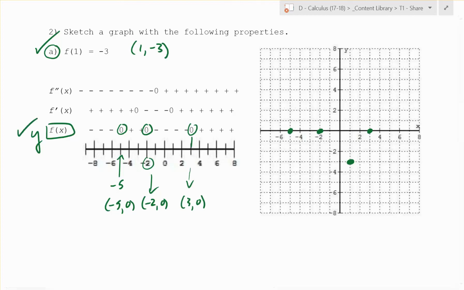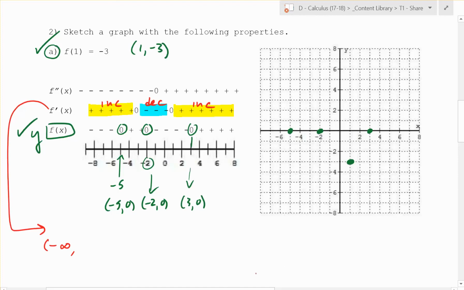So now let's look at what's going on here. We know from the first derivative that where it's positive, the function is increasing. The derivative is positive in these cases, so it is increasing. And then we also know right here that the function is decreasing. So the function is increasing from -infinity to, it looks like, -3, and also right here from 1 to infinity.